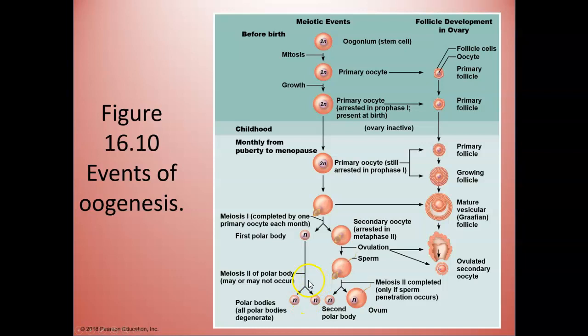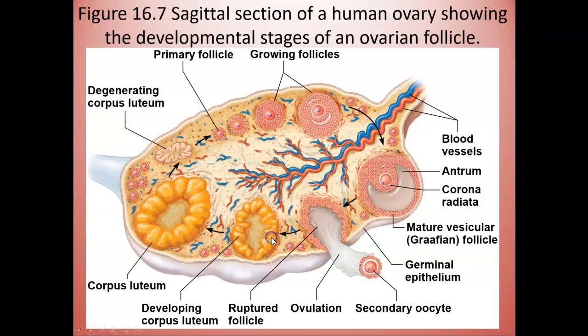This one will also divide and give us a total of 3 polar bodies and 1 ovum. Okay, so we've looked at this, but again, that's the process of primary follicle through growing follicles, through mature or Graafian follicle, to the secondary oocyte that is released in ovulation.